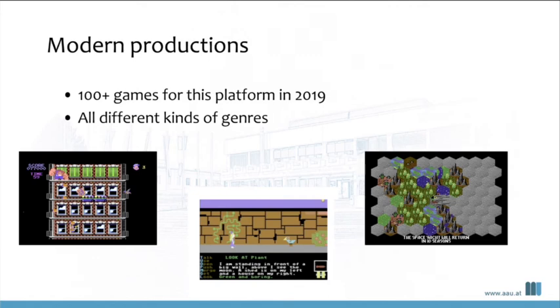And on the right side, we see Space Moguls, which is like a board game, but modeled as a computer game. So all quite interesting games, and all these games are fun to play even today. They are just different from the games that we are probably used to when we are going for the newest releases on Steam or other platforms.